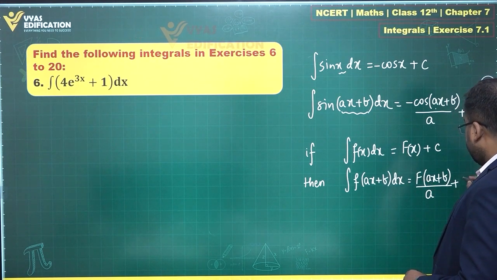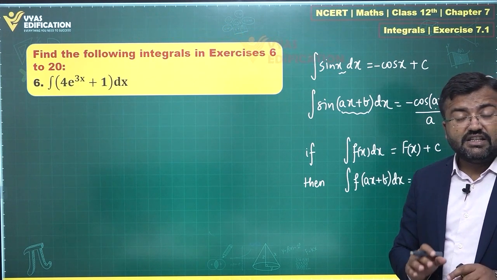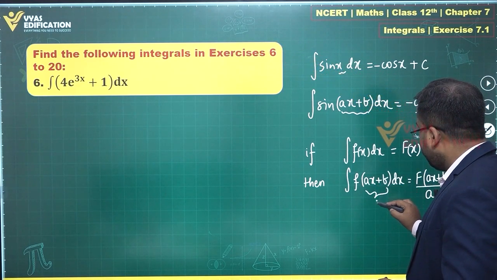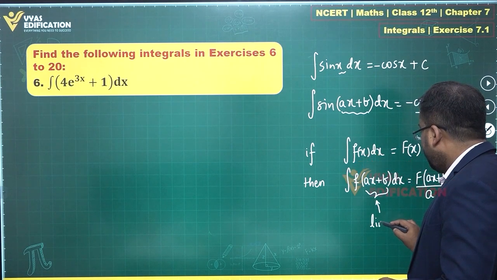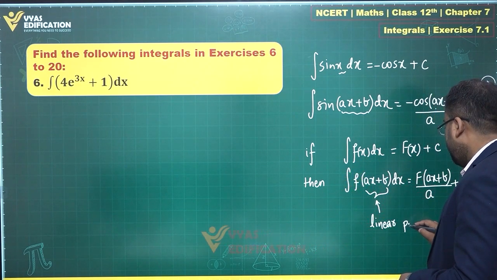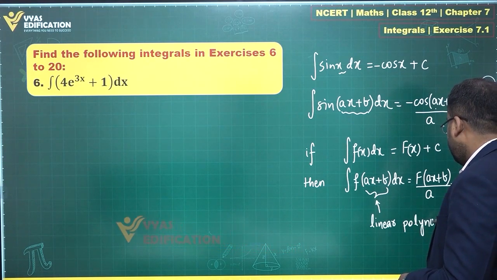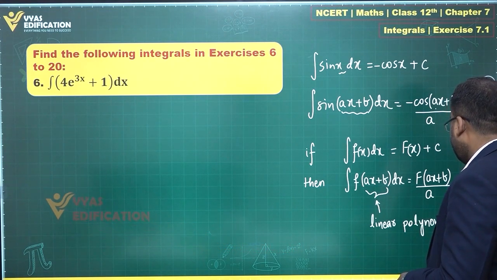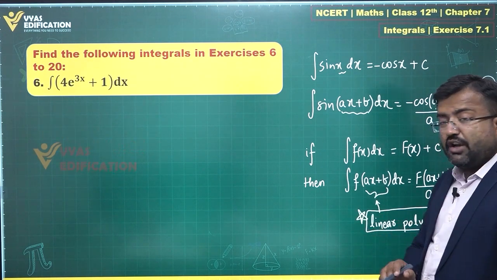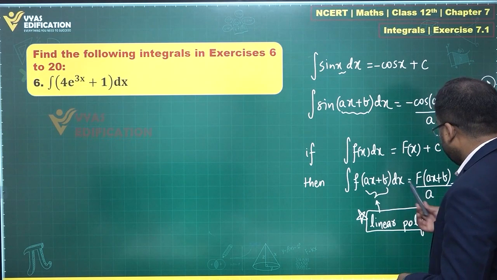This a is the coefficient of x. And this formula only works when instead of x you have a linear expression of x, a linear polynomial.